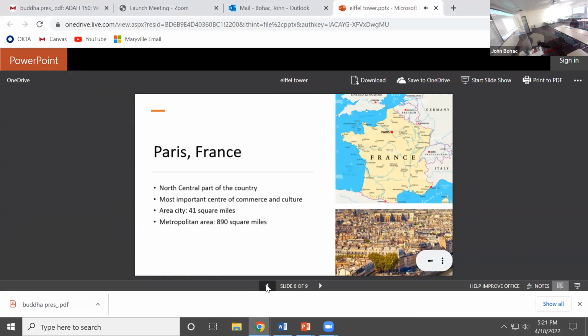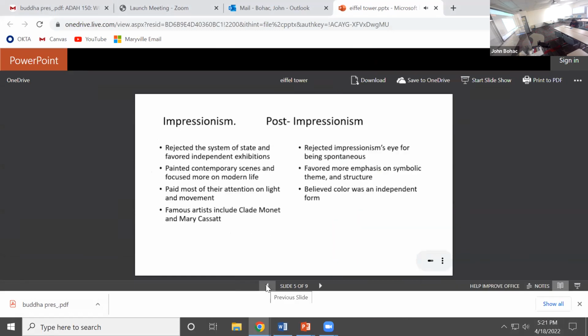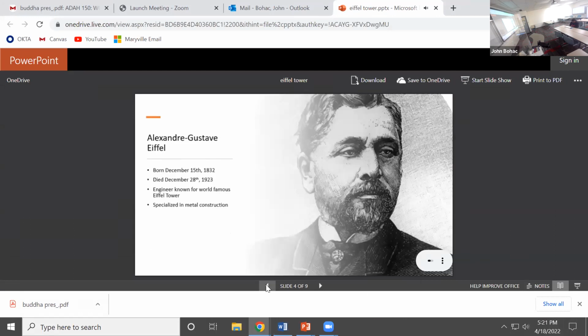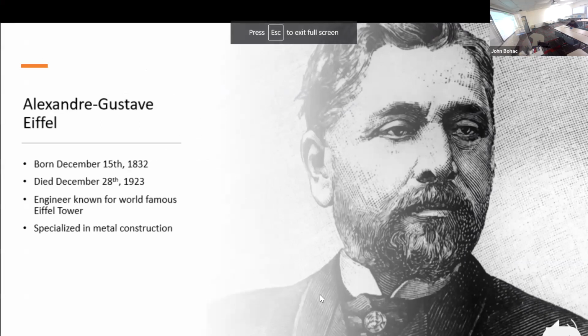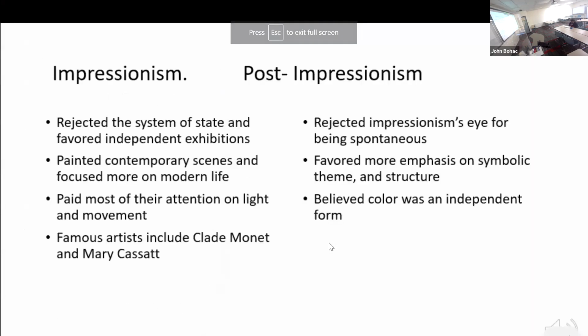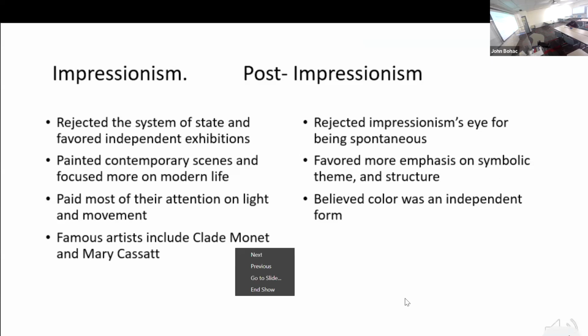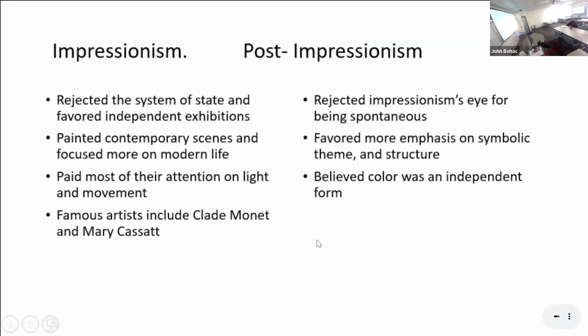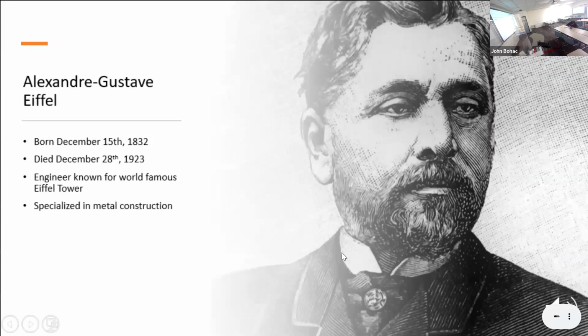My coasts of the city. apologies. Alexandre Gustave Eiffel was born on December 15, 1832 in Dijon, France. He passed away. Oh, man. So the Eiffel Tower was Previous, made there during we the Impressionism, Post-Impressionism time period.